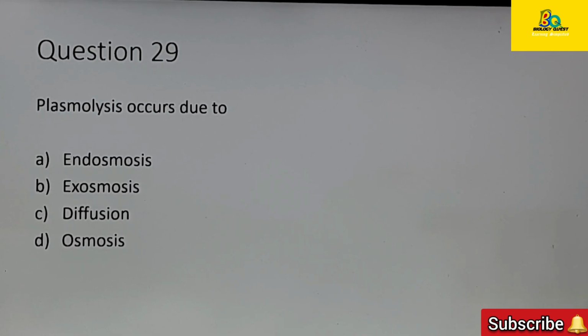What is actually happening then? Exosmosis is taking place. Water moves from the cell to the outside solution. As a result, the cell contents shrink to a ball. So plasmolysis occurs due to exosmosis. The correct answer is option B, exosmosis.